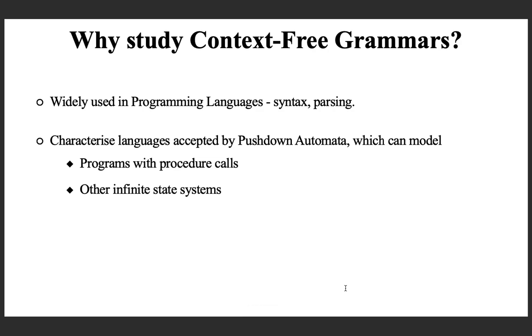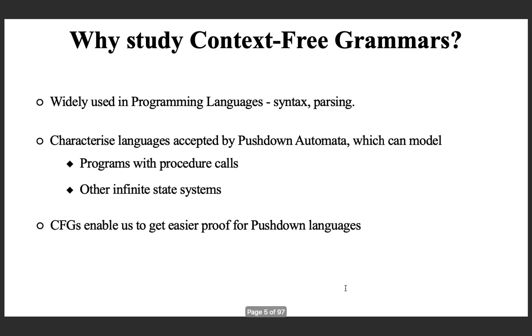And context-free grammars characterize languages accepted by a class of automata known as push-down automata, which can model programs with procedural calls. So you can have an automaton modeling a program which makes procedure calls. It can also model other infinite state systems, more powerful than finite state automata.